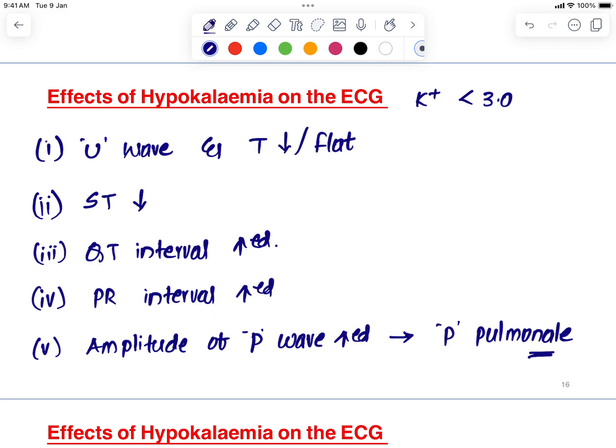But usually you come across this P pulmonale in patients with right atrial hypertrophy. Here you don't have right atrial hypertrophy, but still the amplitude of the P wave is increased. That is the reason why this is called pseudo P pulmonale, where the amplitude of the P wave will be more than 2.5 mm. So these are the ECG changes that you come across in patients with hypokalemia.